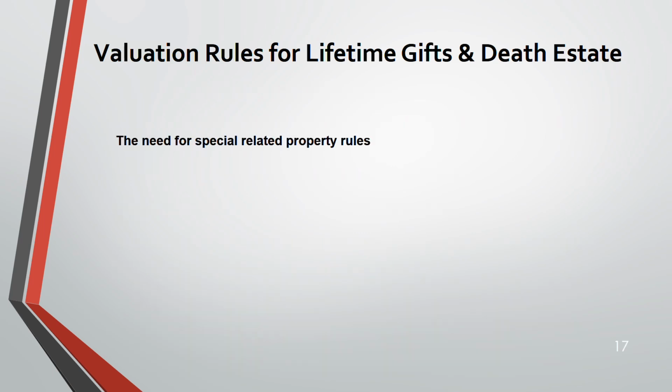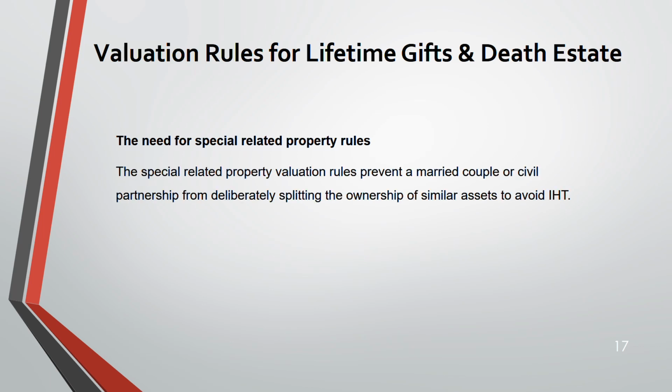Now, the need for the special related property rules. Before we do a question on related property, let us see why we need these rules. This prevents a married couple from deliberately splitting the ownership of a similar asset to avoid IHT. Married couples who have a similar asset split the ownership.